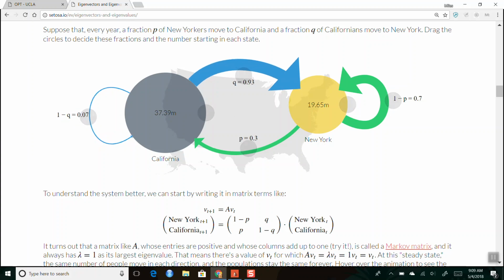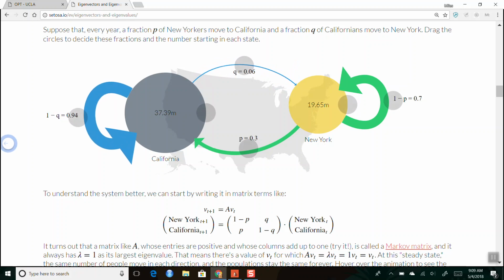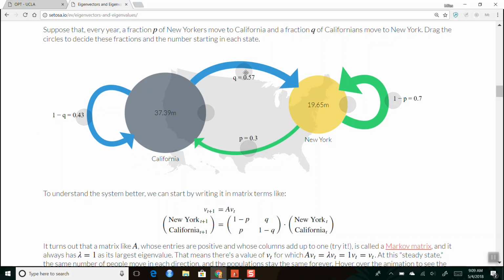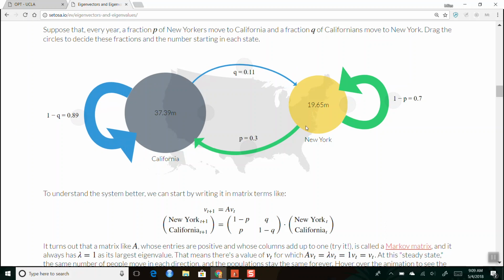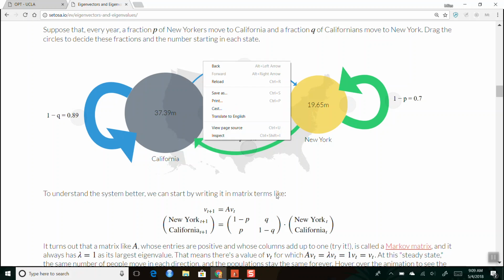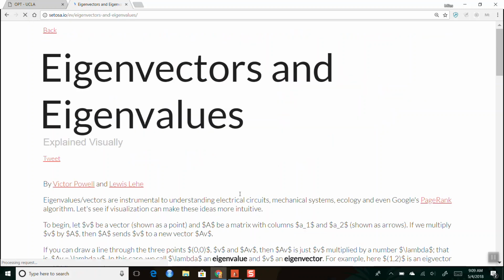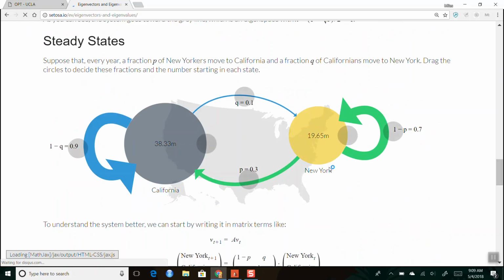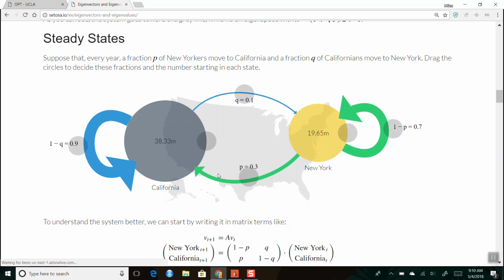If you're in California, you have an 11% chance of moving to New York, and if you are in New York, you have a 30% chance of moving to California. Actually, if I reload this, it'll be 0.1 and 0.3. So if you're in California, you have a 10% probability of moving to New York. If you're in New York, you have a 30% probability of moving to California.